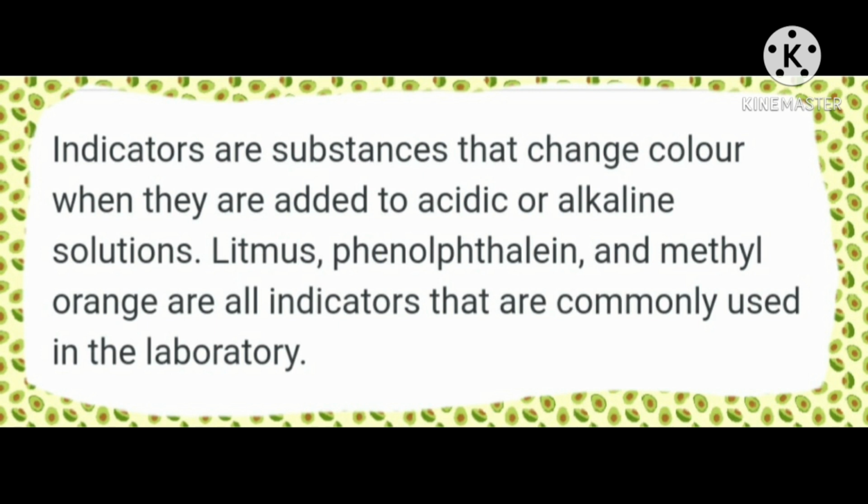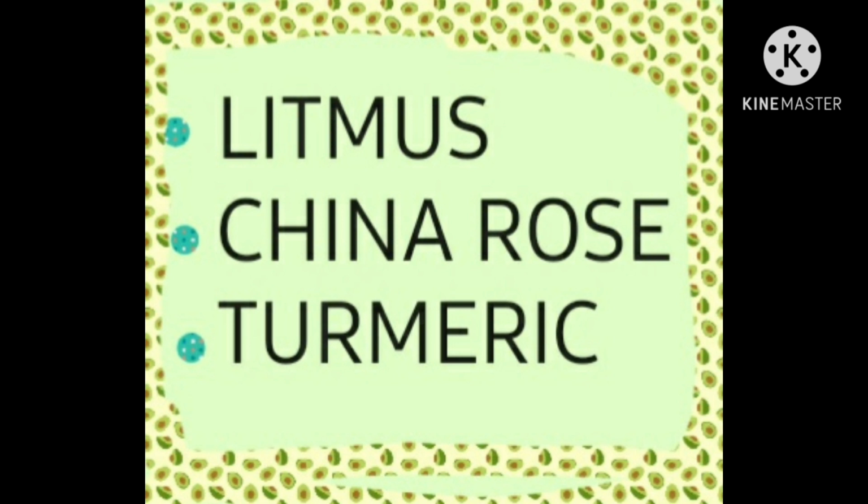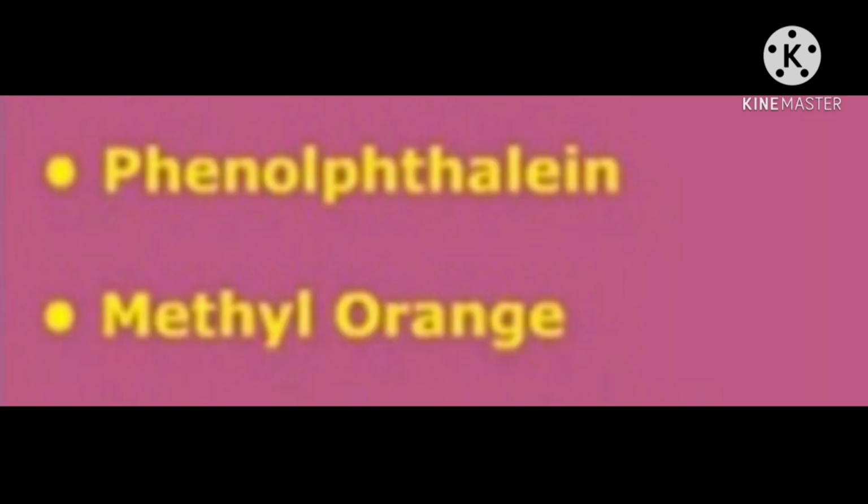Thus, an indicator tells us whether the substance we are testing is an acid or a base by change in its color. Acid-base indicators are of two types: natural indicators and synthetic indicators. Litmus, China rose, and turmeric are natural indicators. Phenolphthalein, methyl orange, etc. are synthetic indicators.